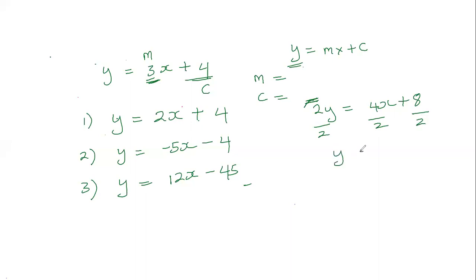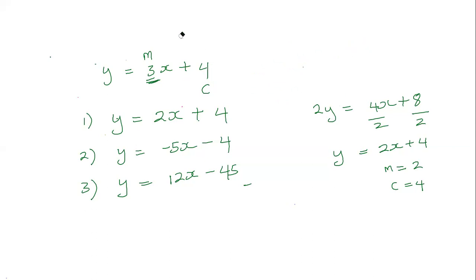Your equation becomes y = 2x + 4. This is where you start equating: your gradient is 2 and intercept is 4. But in case you find it like this, that is always the first thing you do. First remove the number with the y and make sure y is on its own side. Nothing accompanies it.